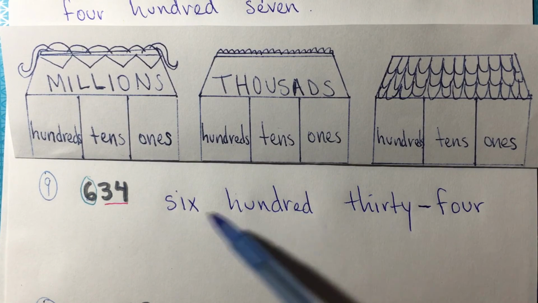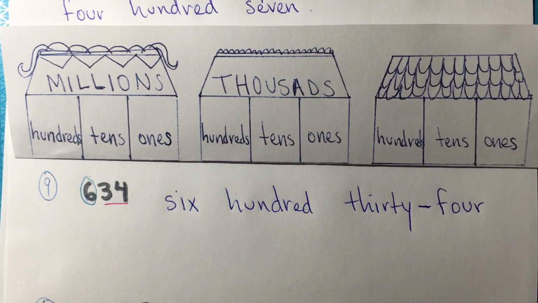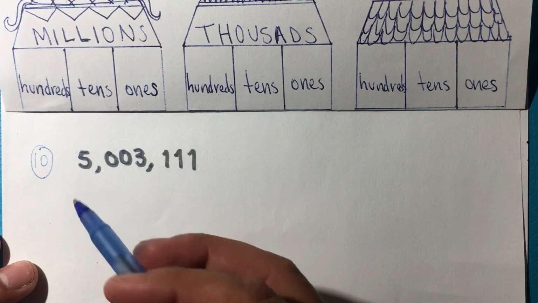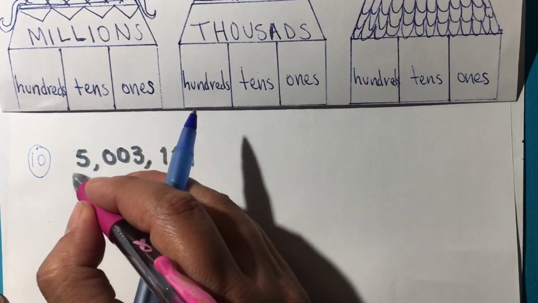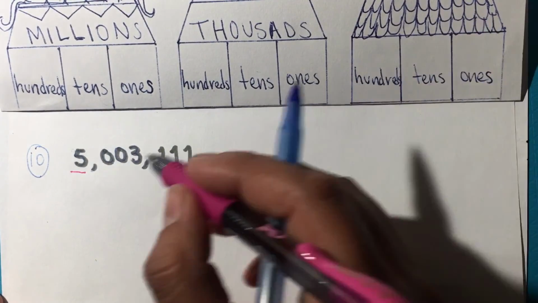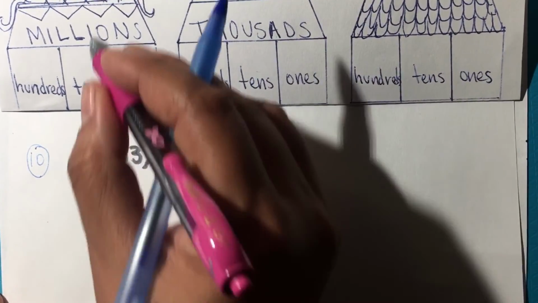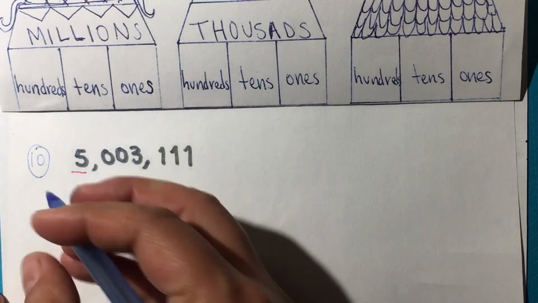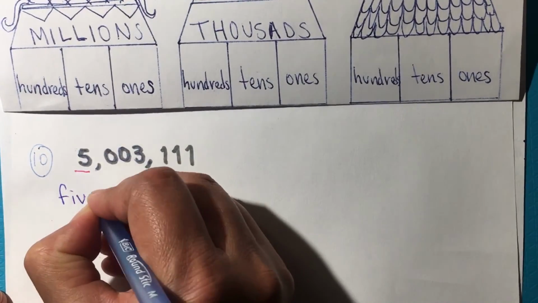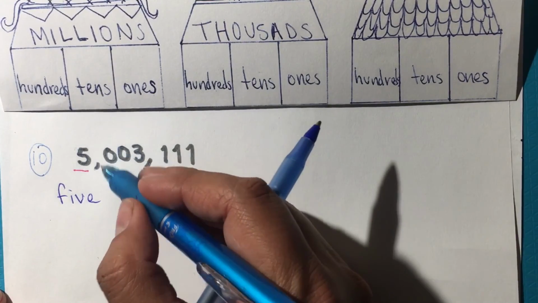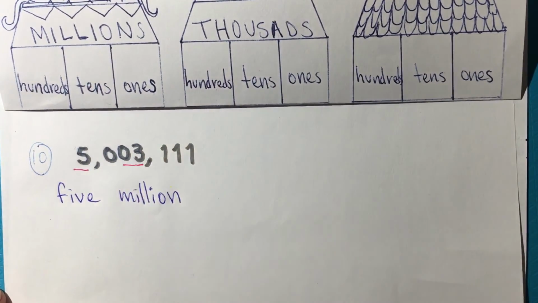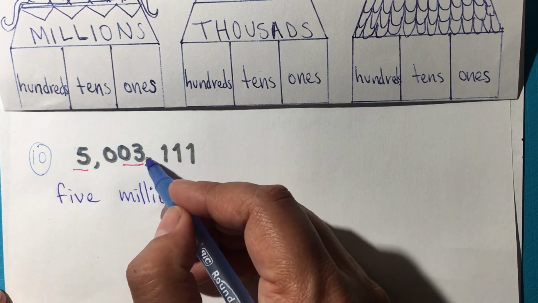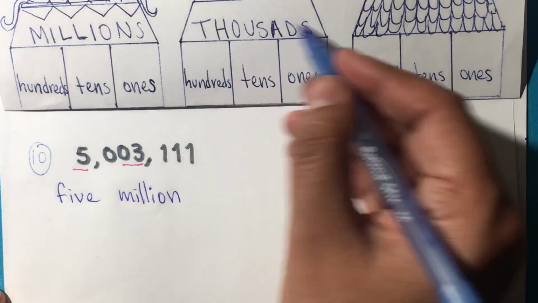We don't have thousands because it's just this first group here. Again, we start on the left. It's just one number. And it's not in this group, nor in this one, but this is in the million. So 5 million. In here, I don't circle the 0 because there is nothing in there. And this together is just 3. And it's on the last number, so it's 3,000.